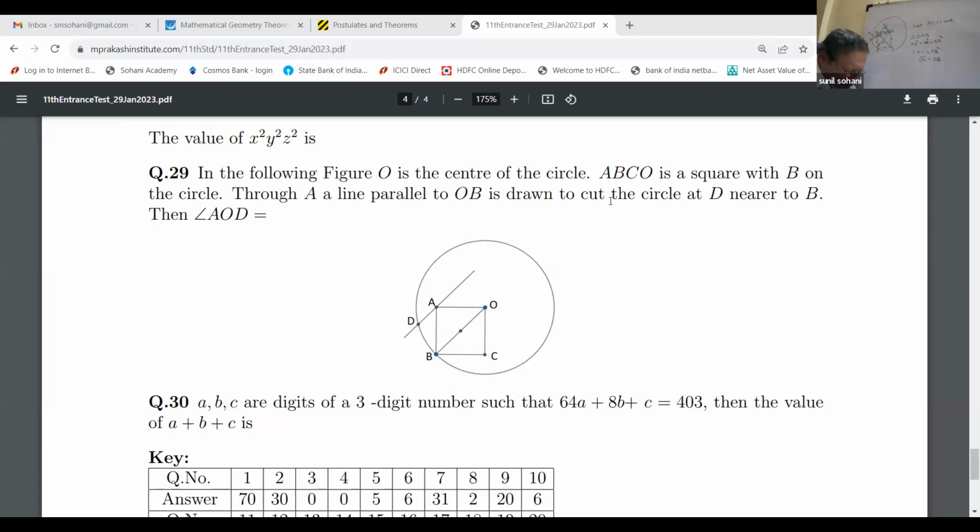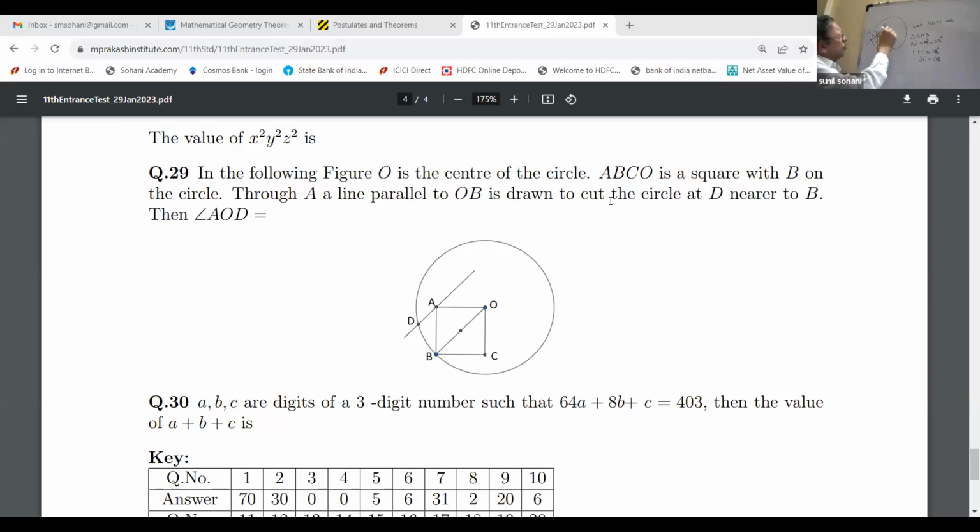Now, in this particular kind of exam, there is no need of understanding what method was used to get the answer. Here you are expected to get the answer, mark the answer, and the job is done. So I have taken a little simple approach by taking one unit. So I have come to OB.